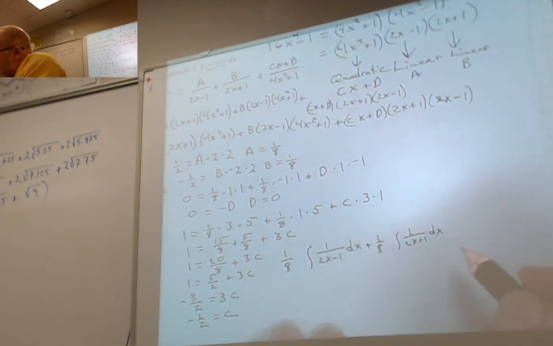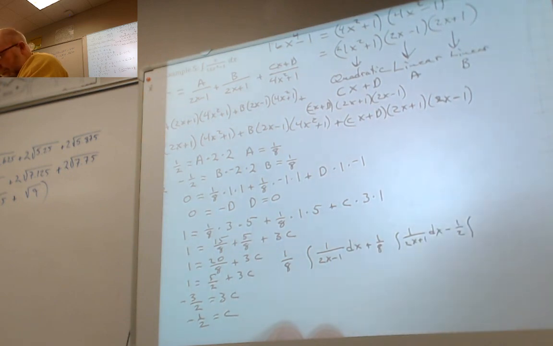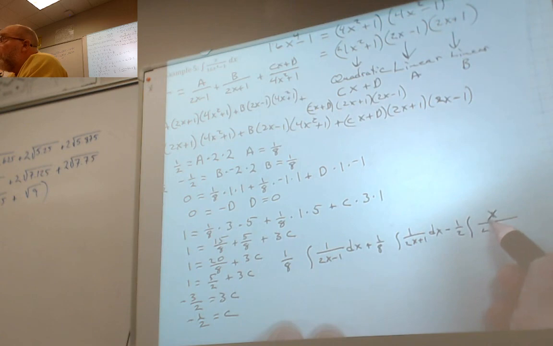Integrating, it's a negative 1/2, and down here I have 1 over, oh, excuse me, what do I have up there? I have 1/2 x, so I have x, don't I? Right? x over 4x squared plus 1 dx. Don't I have 1/2 x? Would you agree with that?